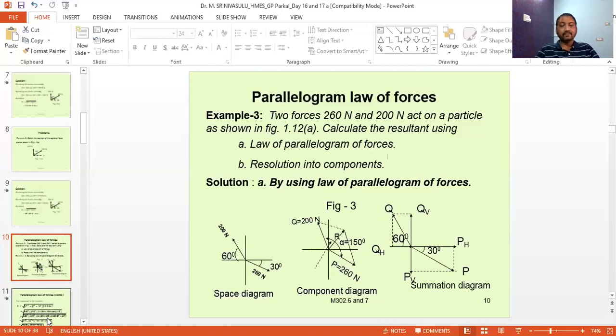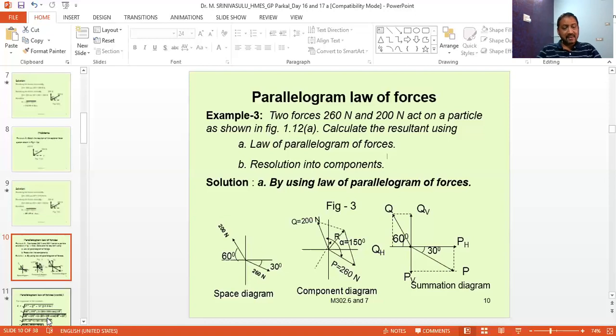Now the second force, 200 newtons, is drawn in the second quadrant and which makes an angle of 60 degrees.